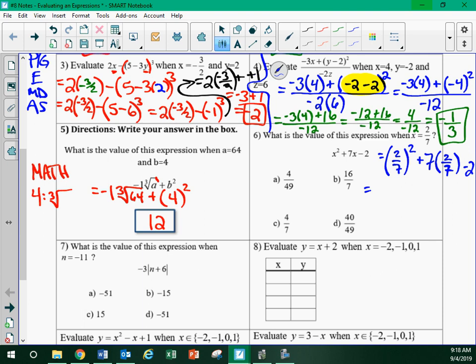All right, so this very first number is 4/49. So you want to do parentheses 2 divided by 7 parentheses squared. All right, and then on your calculators, go and type 7 times parentheses 2 over 7. So again, make sure you use those parentheses.